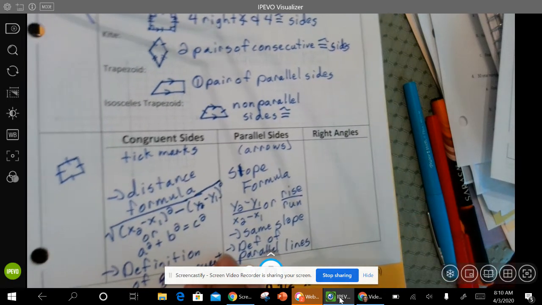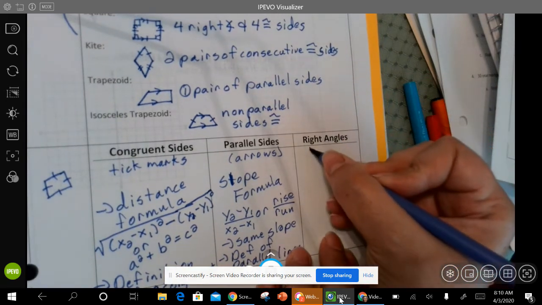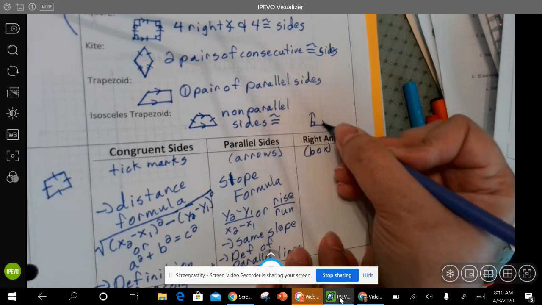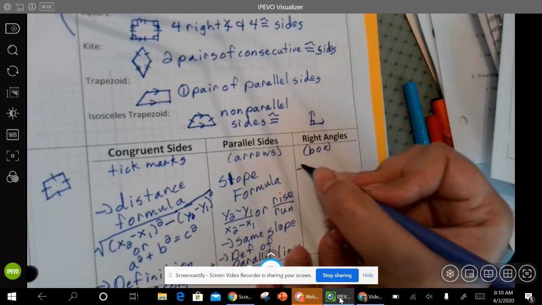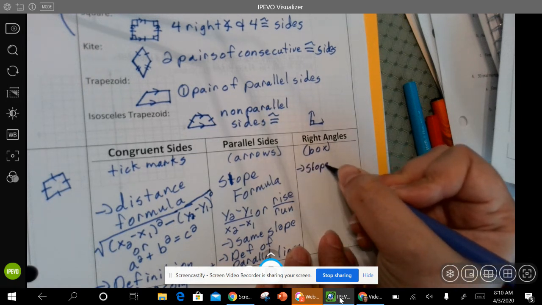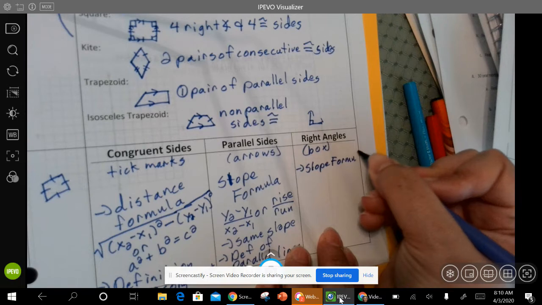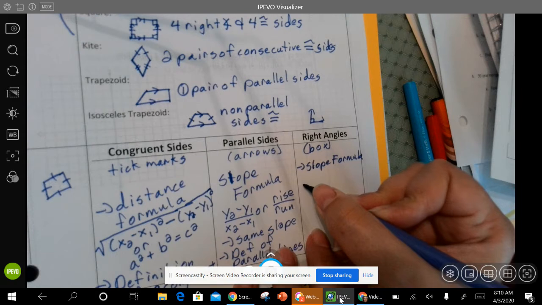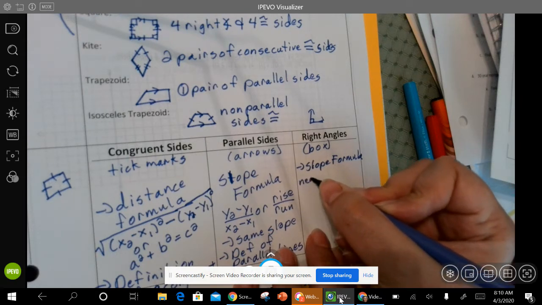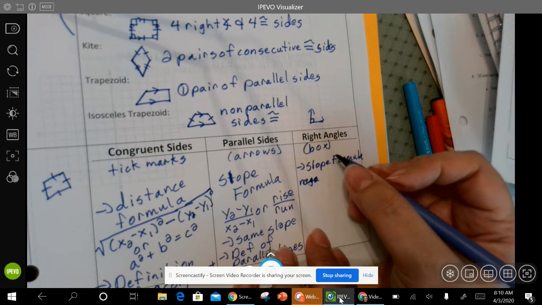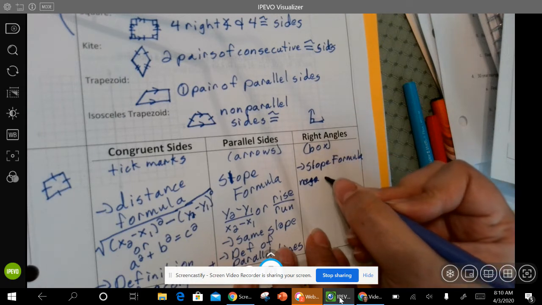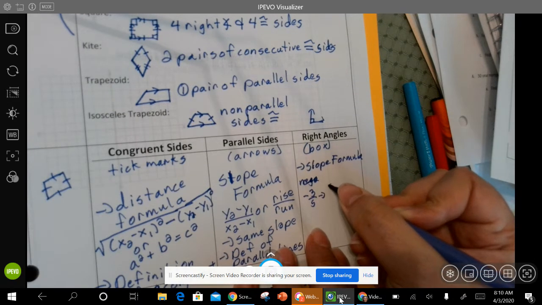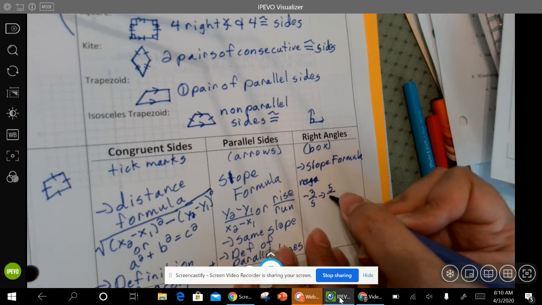Or sides. Right angles. Remember, that's the one where you'll see the box symbol. It looks like this. It'll have our little box. And slope formula, so you can show that they're perpendicular. Okay, so negative reciprocals. Like if we had negative 3/5, the opposite reciprocal would be 5/3.